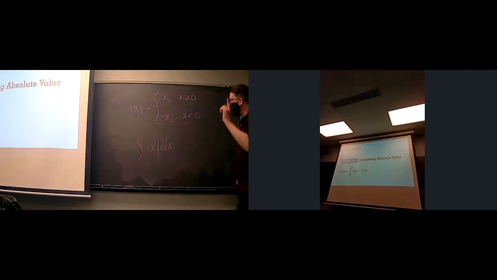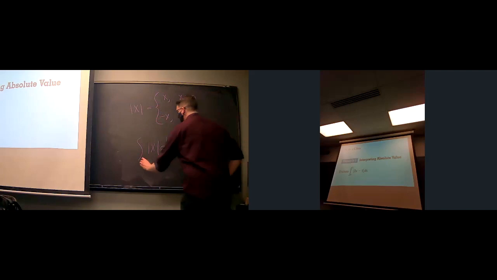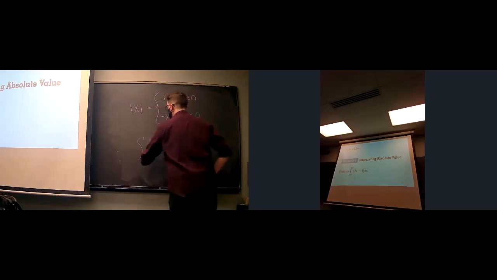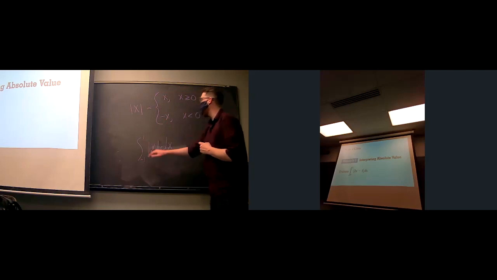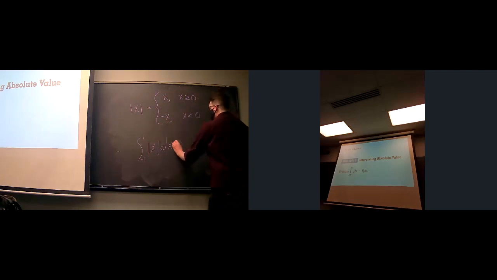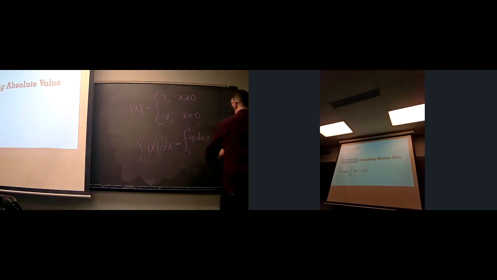But we could do this. We could integrate the absolute value from -1 to 1. And the reason why is because we can say, all right, well, this thing is like saying from -1 to 0 of negative x dx plus 0 to 1 of x dx.